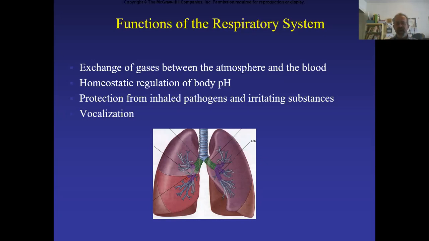And fortunately, we have structures in our respiratory tract that can actually filter and remove substances that we don't need or don't want. Lastly, and I'm just mentioning this in passing only, structures of the respiratory system, such as the larynx, play a role in vocalization. Of course, the larynx is the voice box, as well as being a conduit for air.